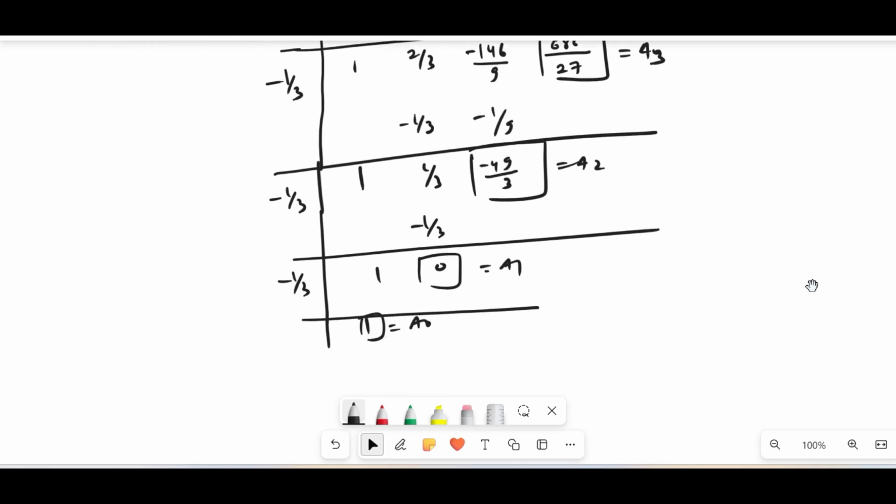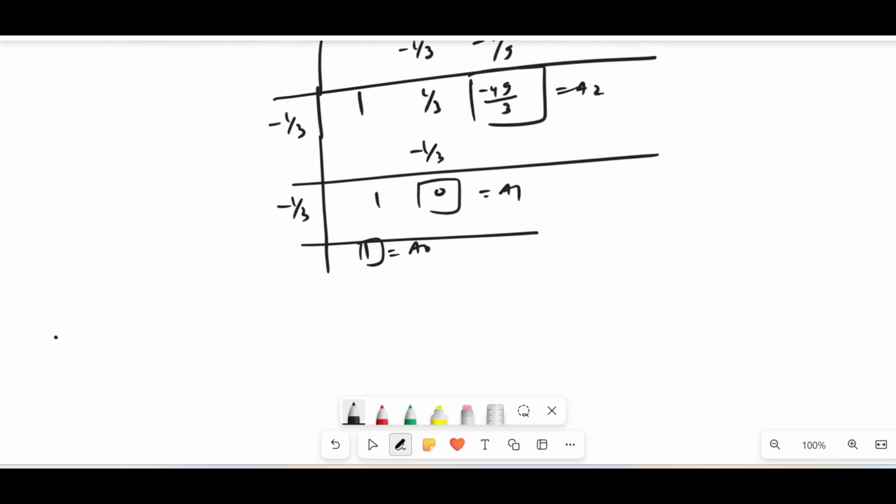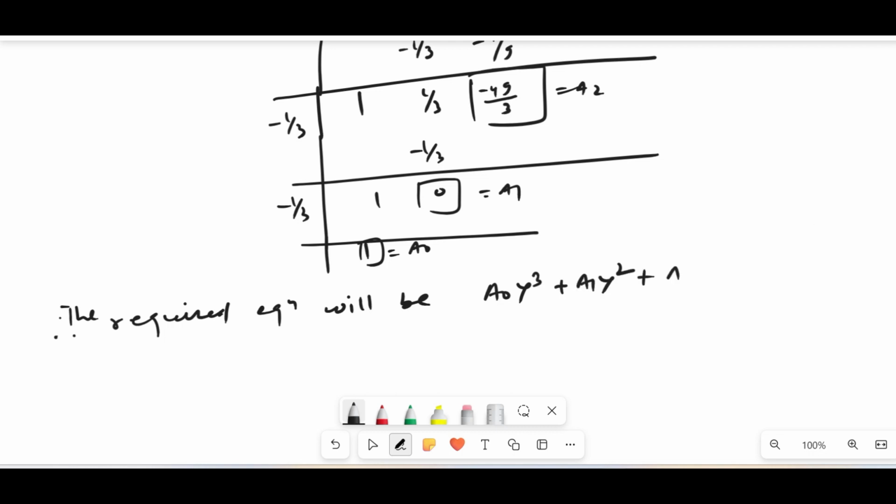So the required equation will be A0 y to the power 3 plus A1 y square plus A2 y plus A3 equal to 0.